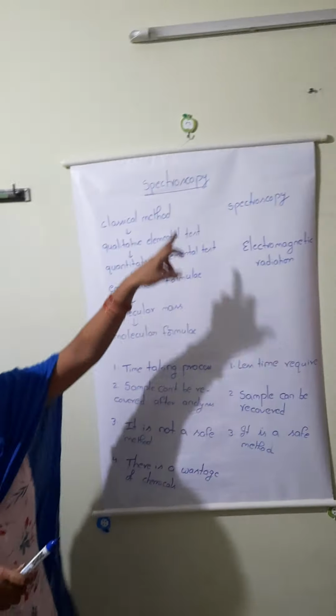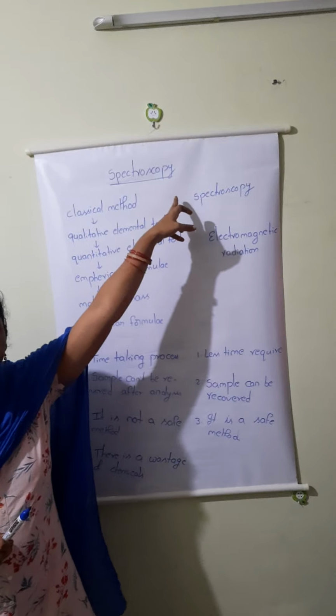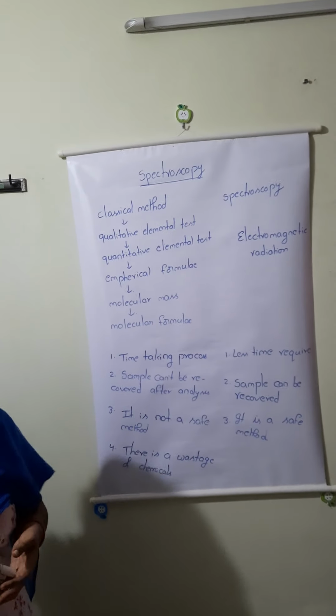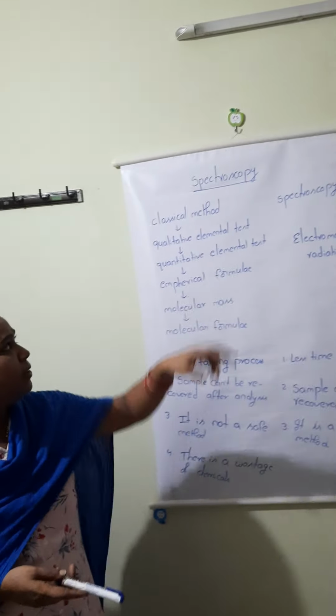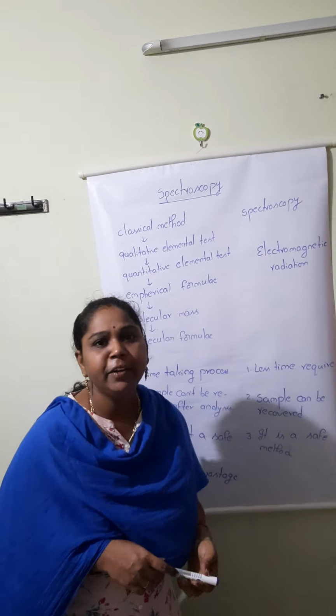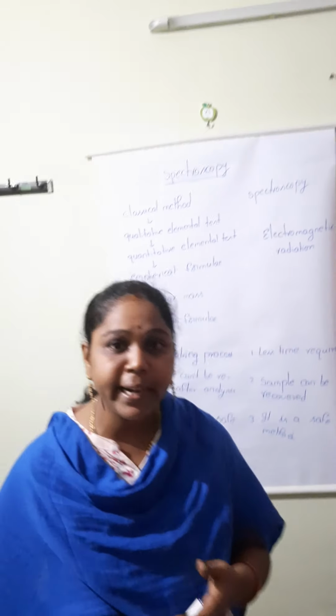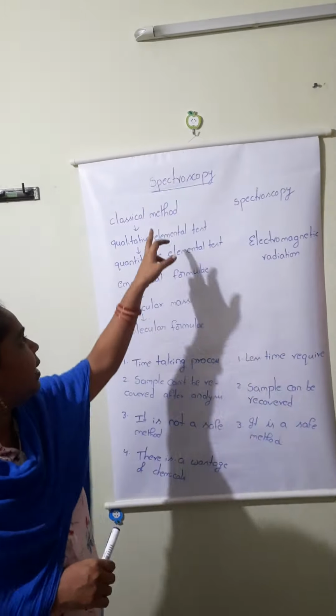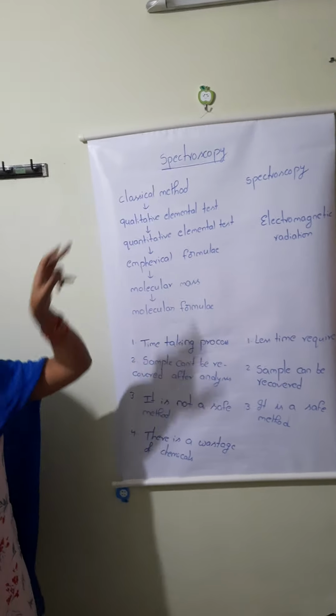The use of spectroscopy is the identification of a compound. Nowadays, we use spectroscopy for the identification of a compound. In olden days, the classical method was used for chemical analysis.